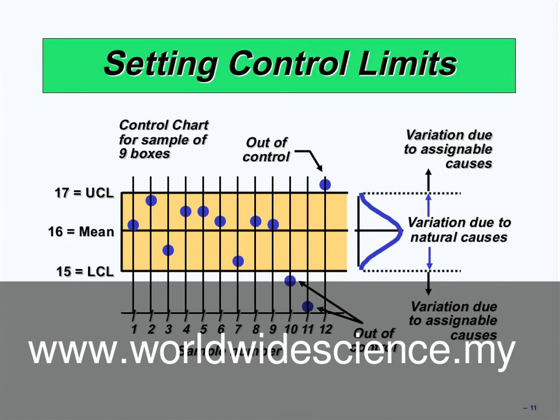This is the reason why we should calculate this UCL and LCL. At first, we should calculate the upper control limit, the maximum limitation for weight, for the gram or for the ounce here. We should calculate the LCL or minimum.